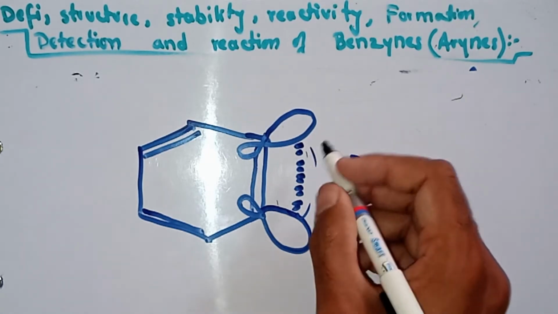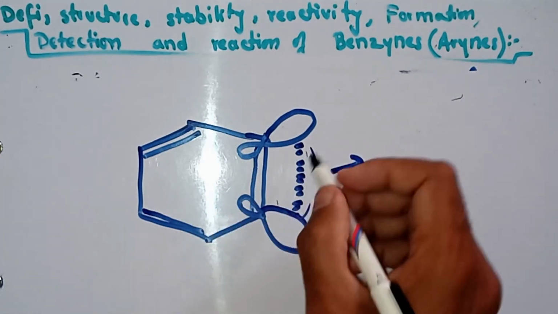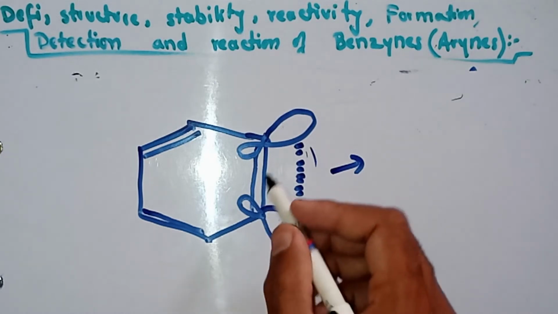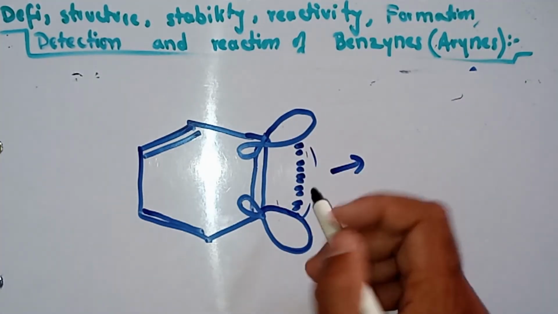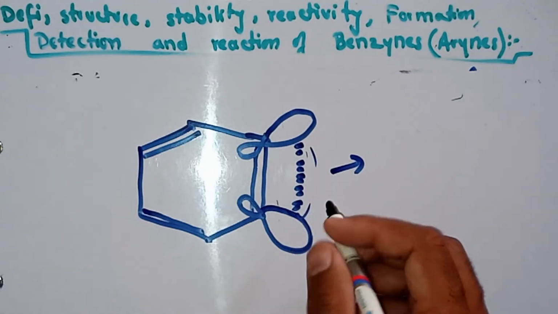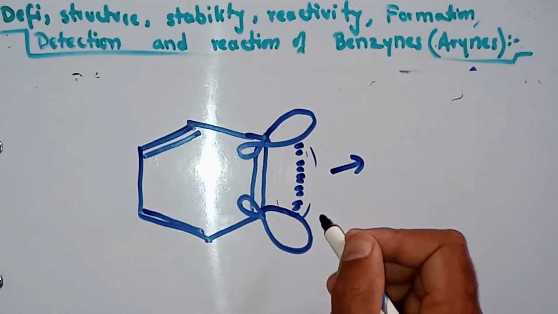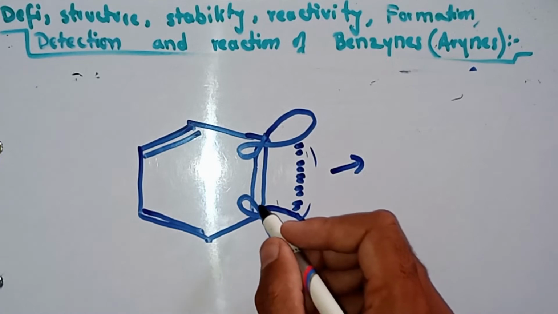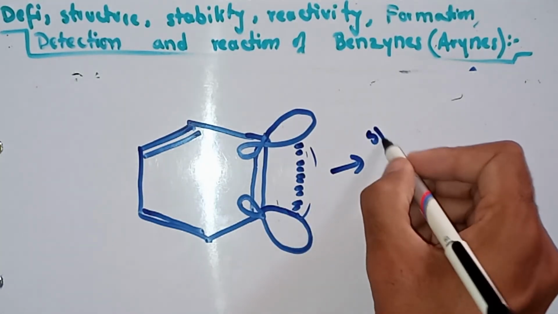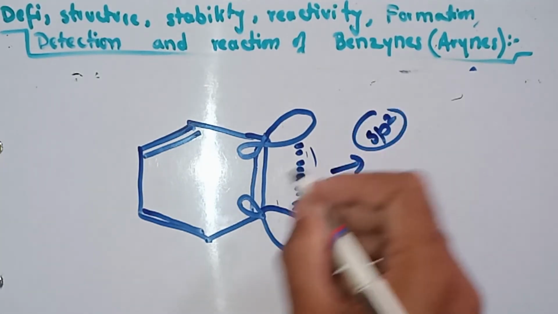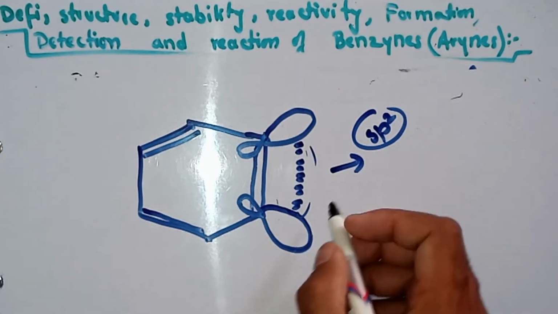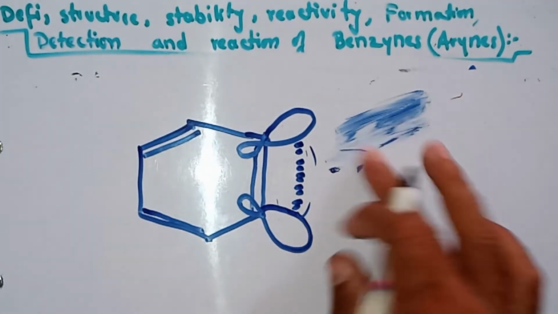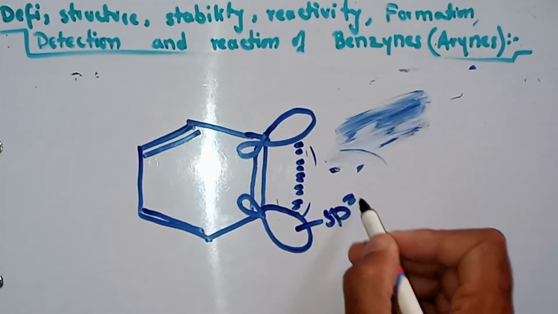The overlapping is outside the ring, not inside the ring. The overlapping is not completely balanced as in the normal case. So this pi bond is an abnormal pi bond, and it is formed from sp2 orbitals.